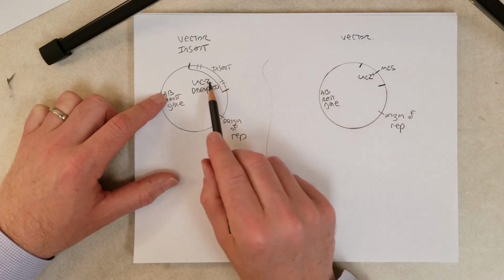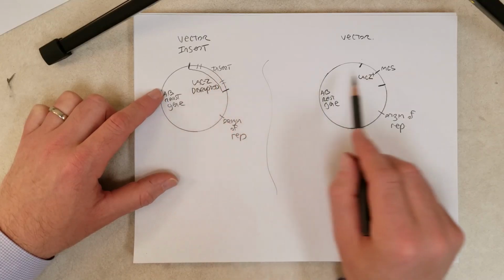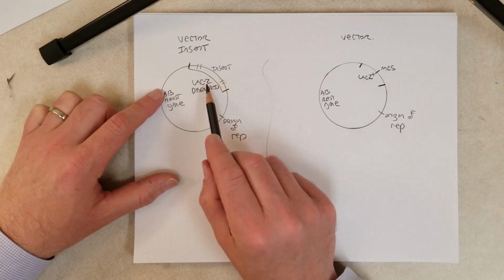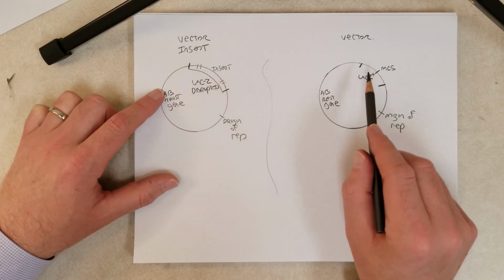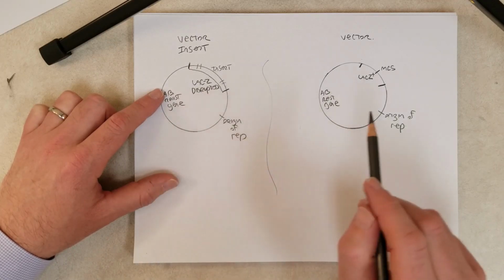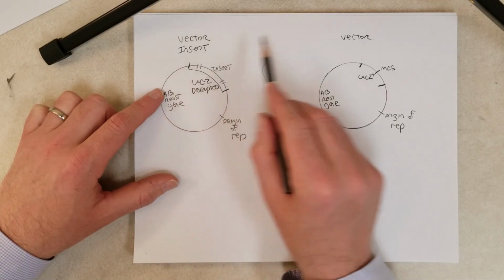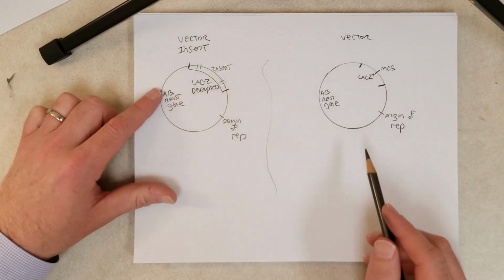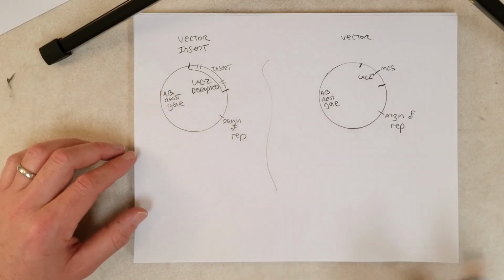It's going to help us distinguish between bacterial cells that have a plasmid with the insert versus bacterial cells that just have the cloning vector alone. Sorry that I'm going back and forth between calling the cloning vector a plasmid and a vector, but it's the same thing, to clarify.